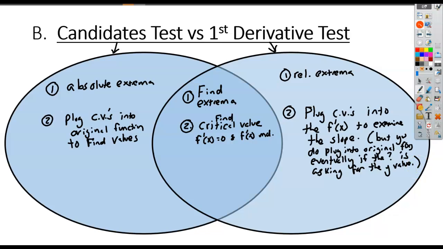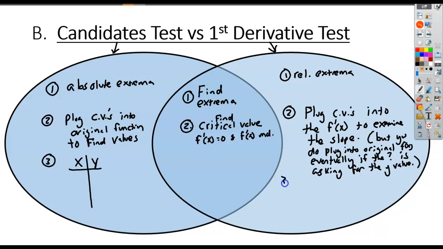So that's kind of a similarity also. But when it comes to the absolute, using the candidates test, you don't plug anything into the derivative at all.